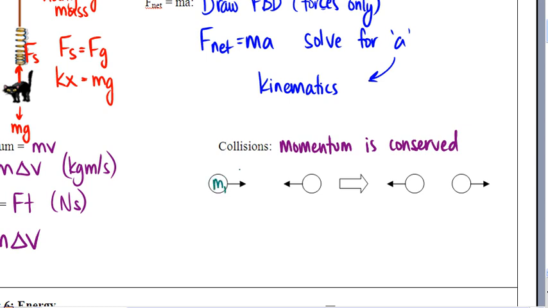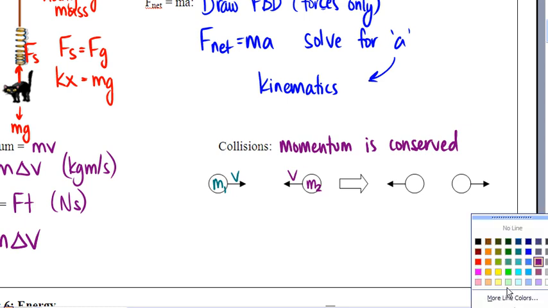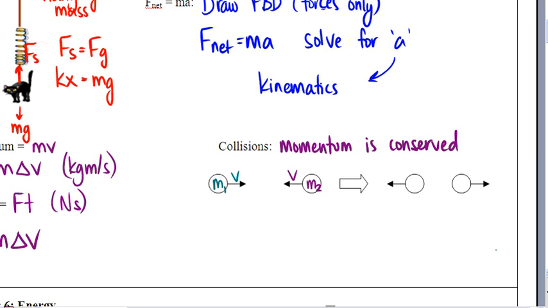So we could have mass number 1 moving with some velocity, and it collides with mass number 2 moving with some velocity. Now sometimes they hit and stick, sometimes they hit and bounce apart. I'll look at the hit and bounce apart version here. So after the collision we have mass number 1 moving with some new final velocity, and mass number 2 moving away with some new final velocity.